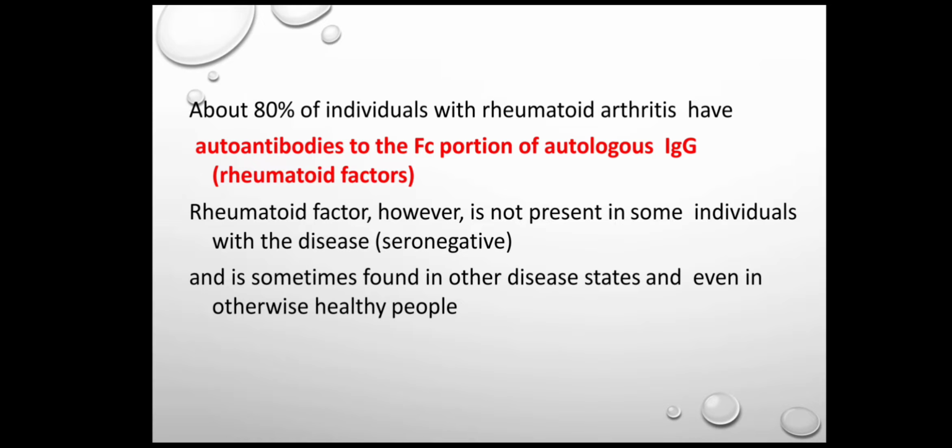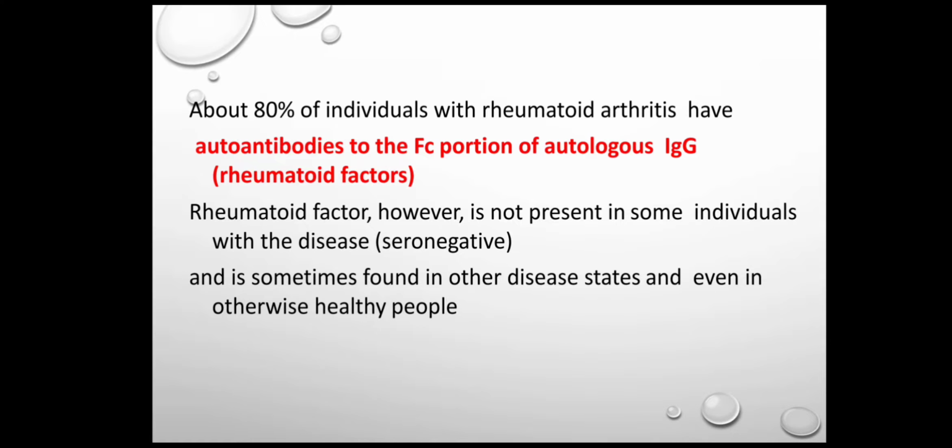In rheumatoid arthritis, IgM and IgA antibodies go and join to the Fc portion of autologous, meaning self, IgG antibody. There it is called a rheumatoid factor. So these are autoantibodies to the Fc portion of the autologous IgG.